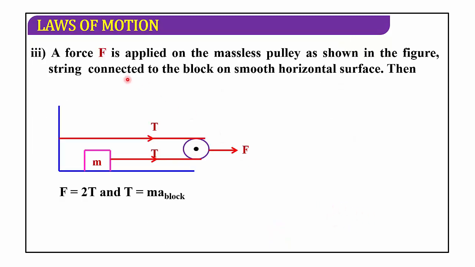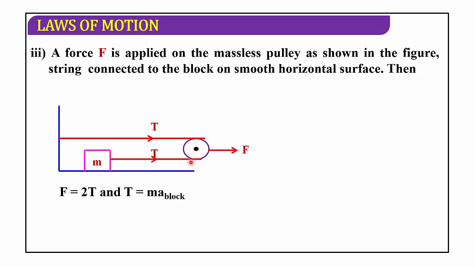Then third point: a force F is applied on the massless pulley as shown in the figure. String connected to the block on the smooth horizontal surface. Now they are going to apply force on the massless pulley. Here this is the pulley. On this they are going to apply force.